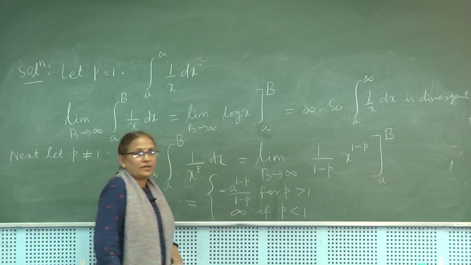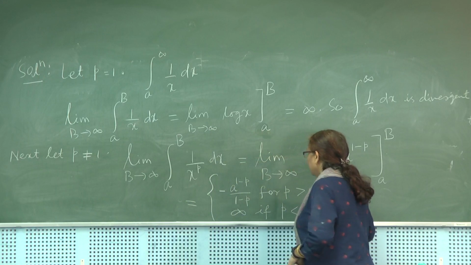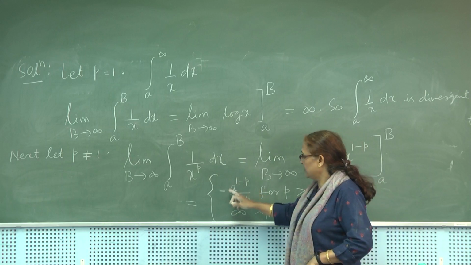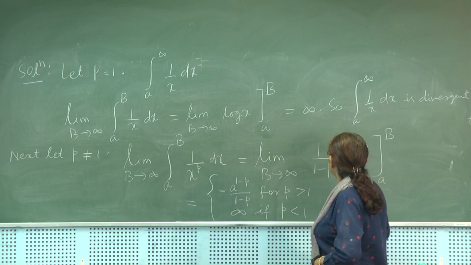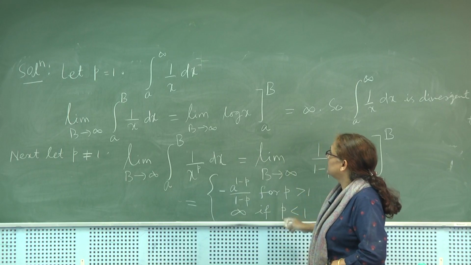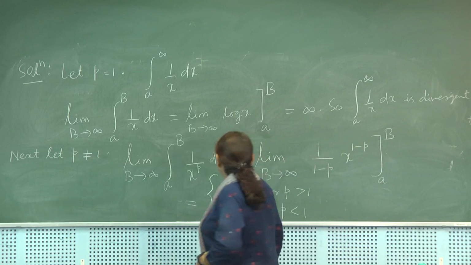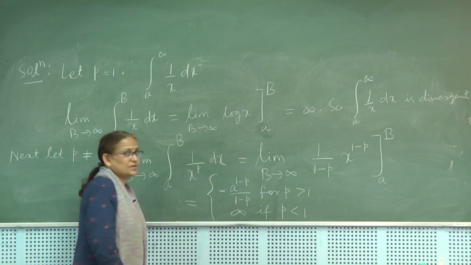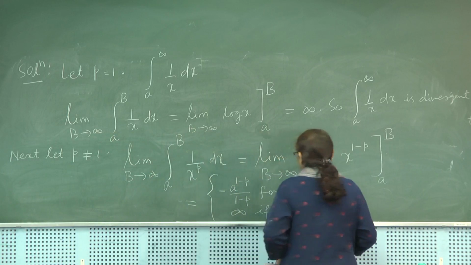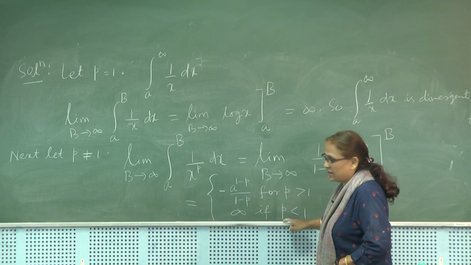So, from here we can conclude that when p is greater than 1, we are getting a finite value of this limit, and hence the improper integral we get in this example is convergent for p greater than 1 and divergent for p less than 1.